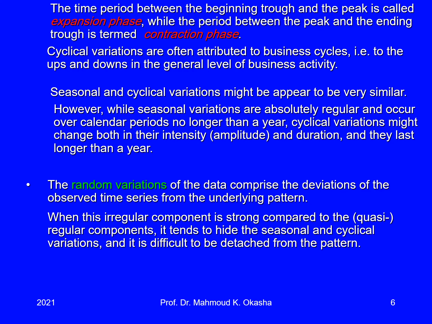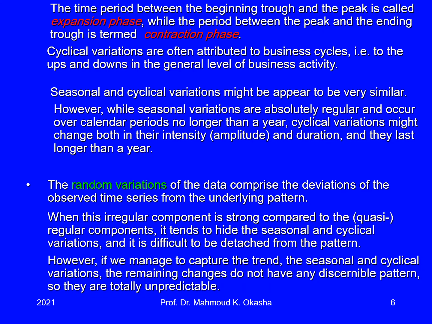It hides these components because the random variation is big, so it hides the systematic variations. That makes the analysis of this time series more difficult. Right? However, if we manage to capture the trend, the seasonal and cyclical variation, the remaining changes do not have any discernible pattern, so they are totally unpredictable.